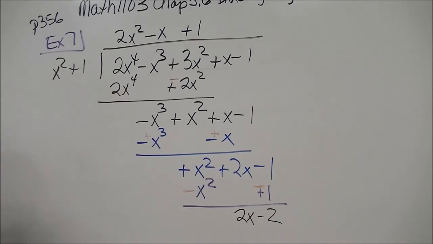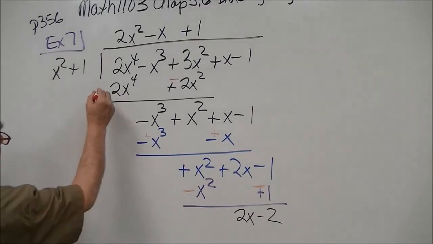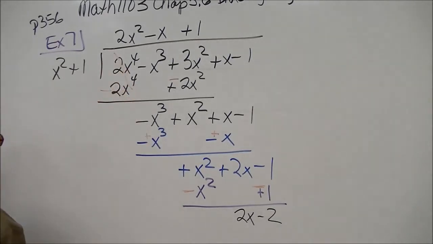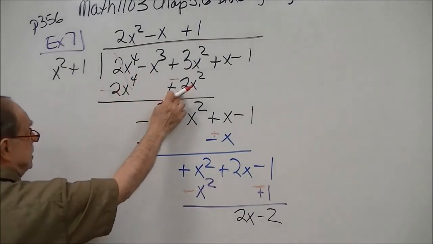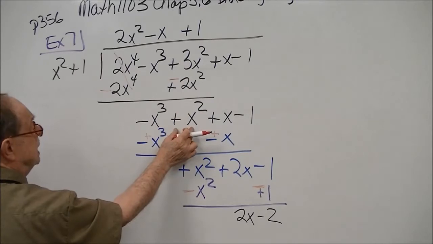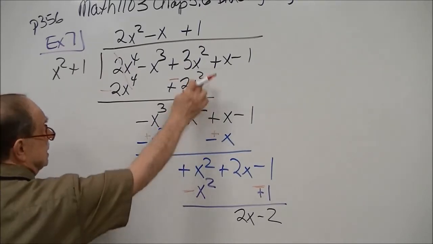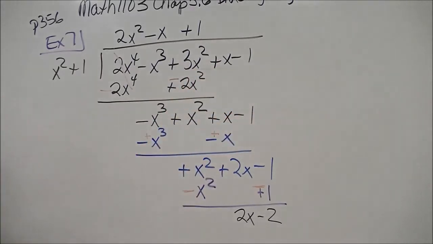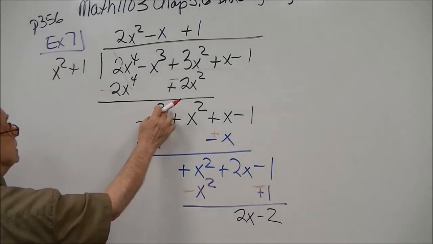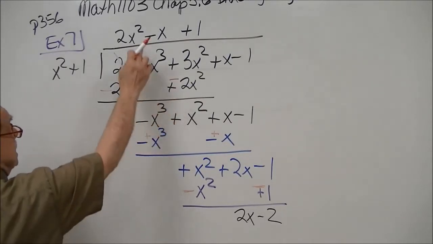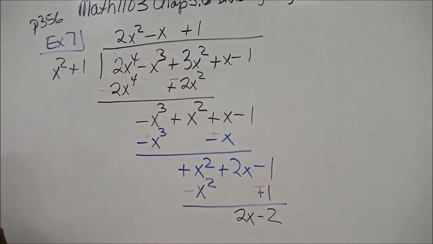And I'm going to change signs here. So these will cancel out. I just bring that down. I had to change this sign, and that's where I get a plus x squared. And I just brought the other ones down. Now, x squared goes into negative x cubed, a negative x times.